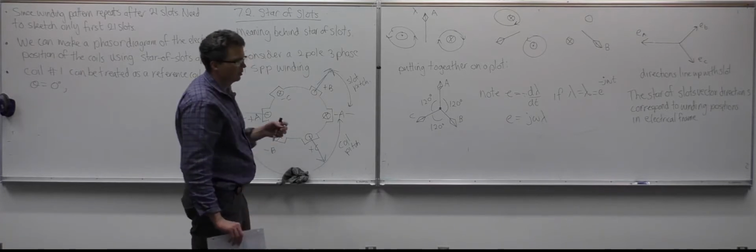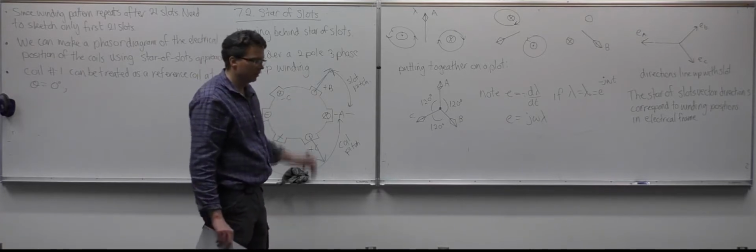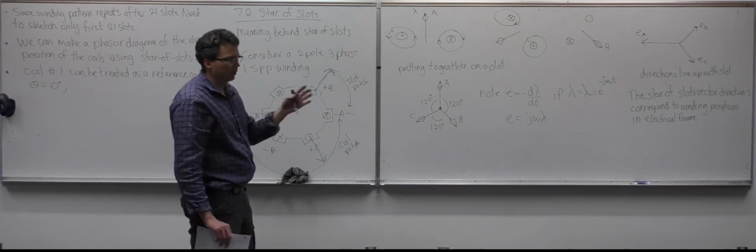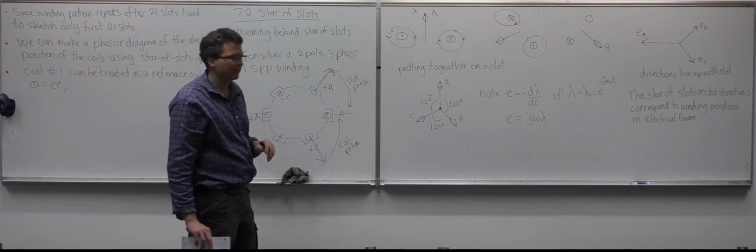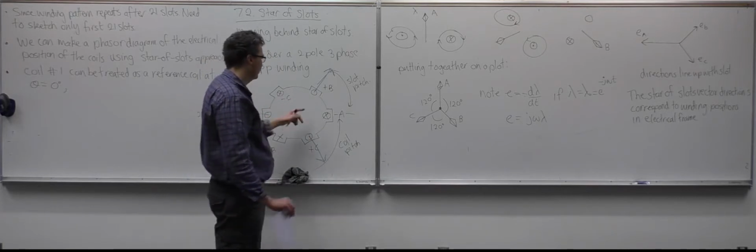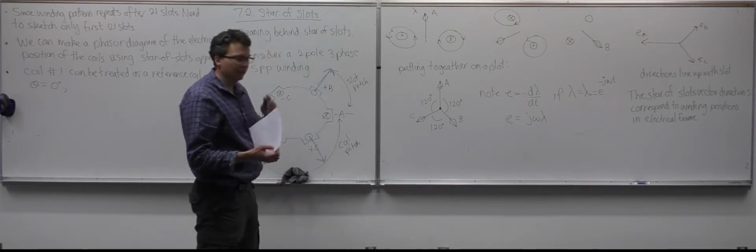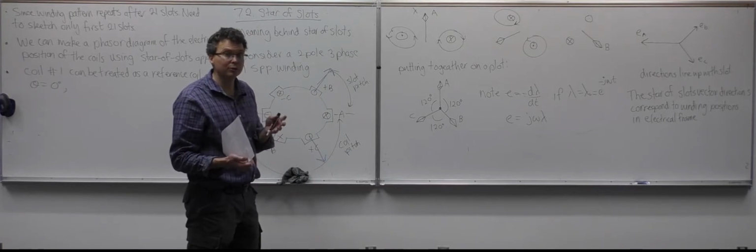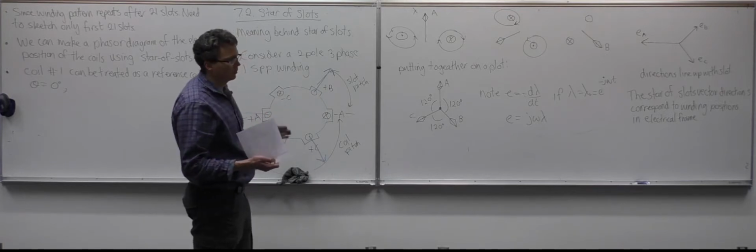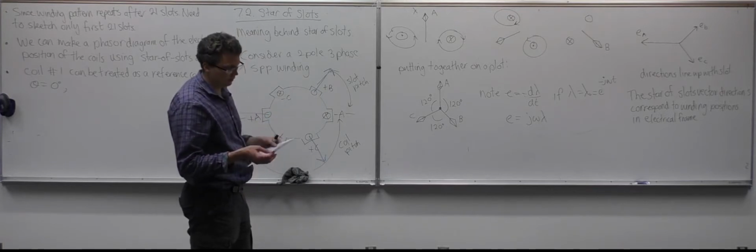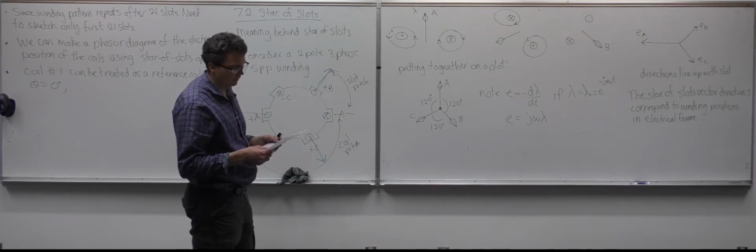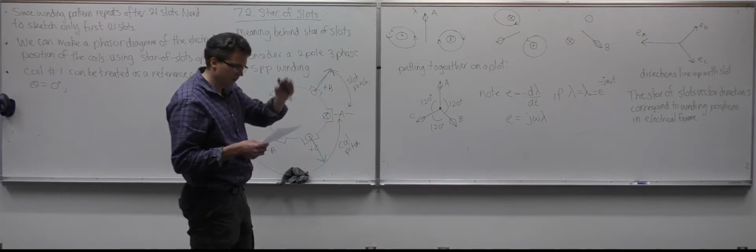But in a lot of machines, you're going to have more than 2 poles, and so the electrical and mechanical angles are not going to be the same. In our design, we have 42 slots, right? From one slot to the next, we found that it was 42 and 6/7 degrees.